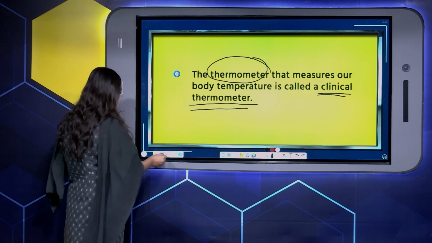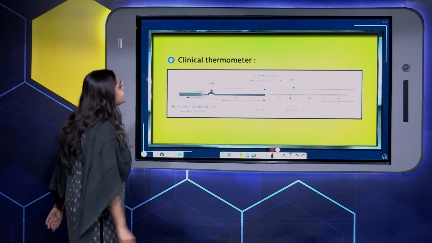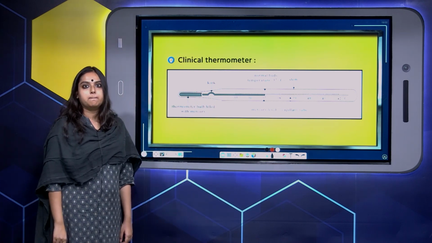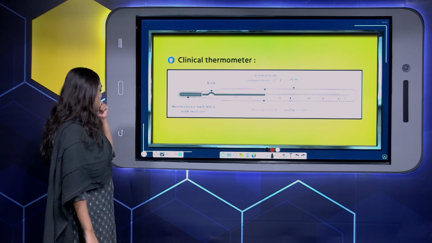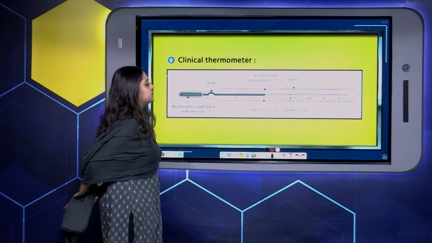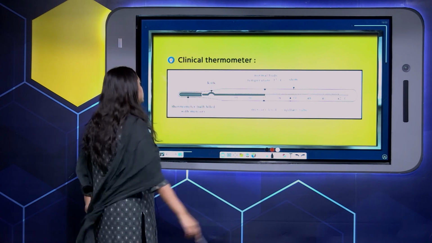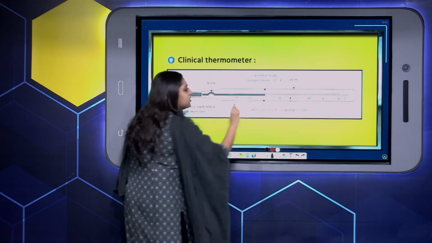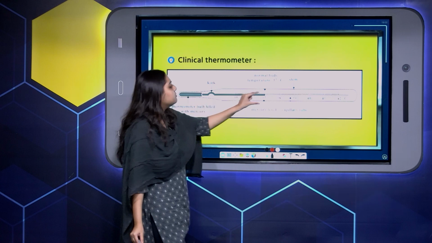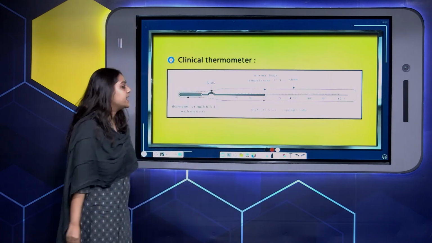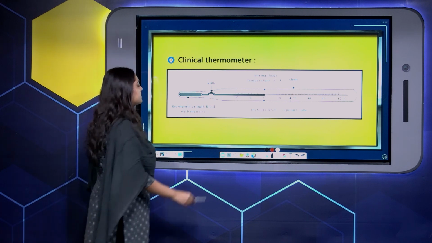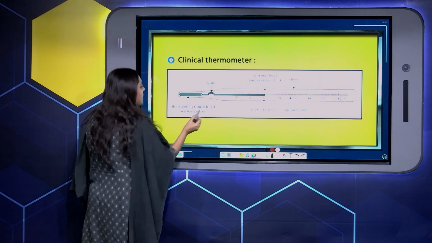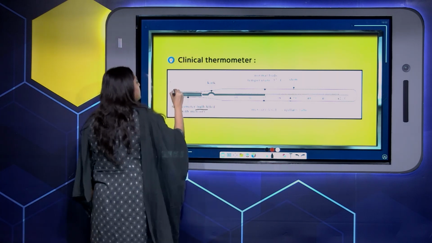Let's see what it is. Okay, so this is a picture of a clinical thermometer, right? Now, what can we see in a clinical thermometer? The first thing that we can see is a long, narrow and uniform glass tube, right? And on one side of the thermometer there is a bulb.